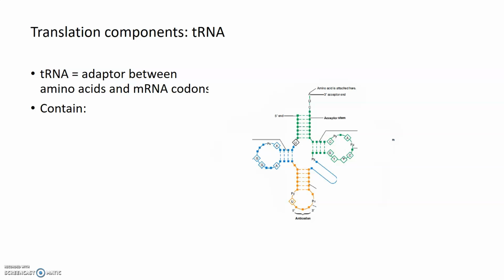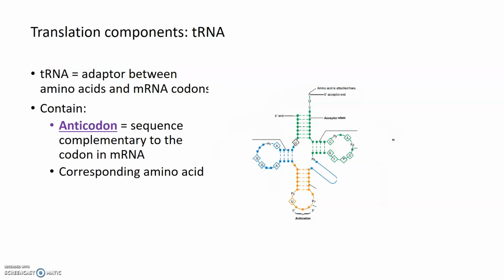So in order to turn an mRNA into a protein via translation, we need a couple players, right? We need the mRNA that's going to be translated, and we already talked about how that's made via transcription. But in addition to that instruction code in the mRNA, we also need an adapter that can take the mRNA codons and bridge the gap and add the correct amino acids to the correct codon.